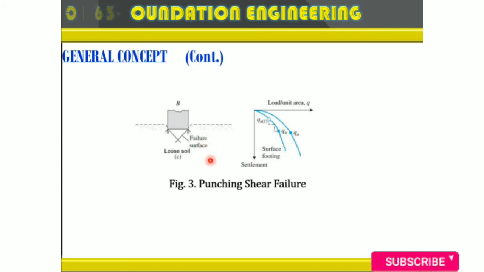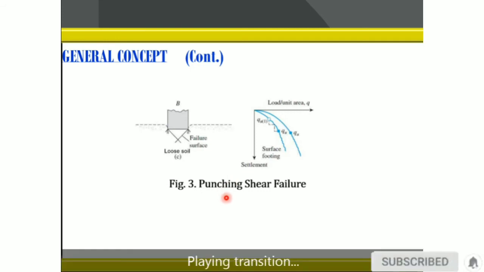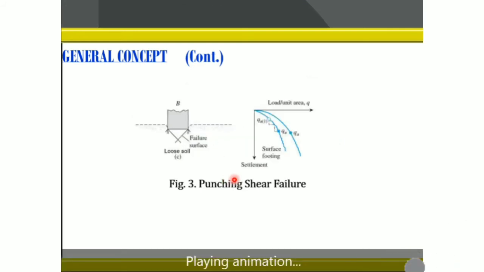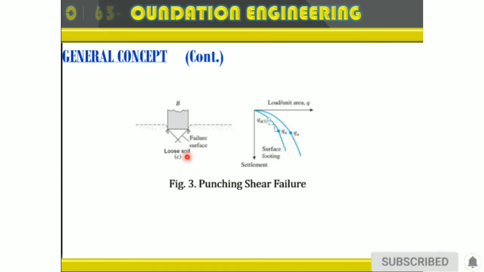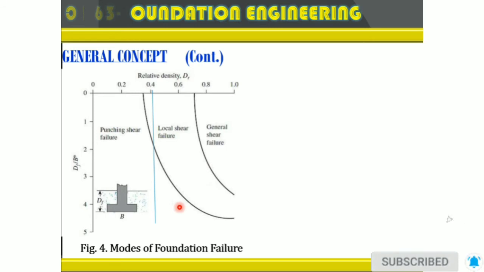Second, if you are dealing with the local shear failure, your soil is somewhat this type of soil, the sand or the clay soil. And when you are dealing with the punching shear failure, you are dealing with this loose soil, and you have to remember that one. Okay, so I will show you in this figure the modes of foundation failure.